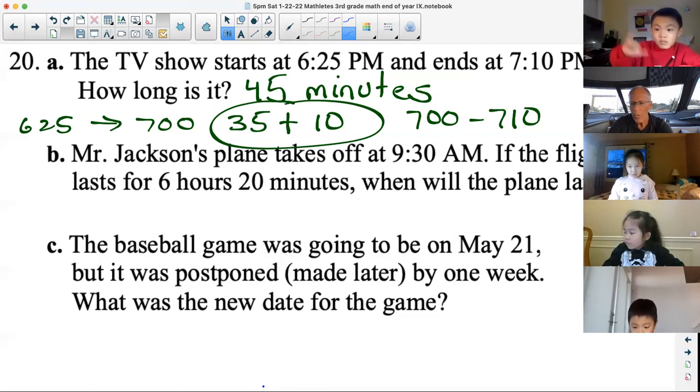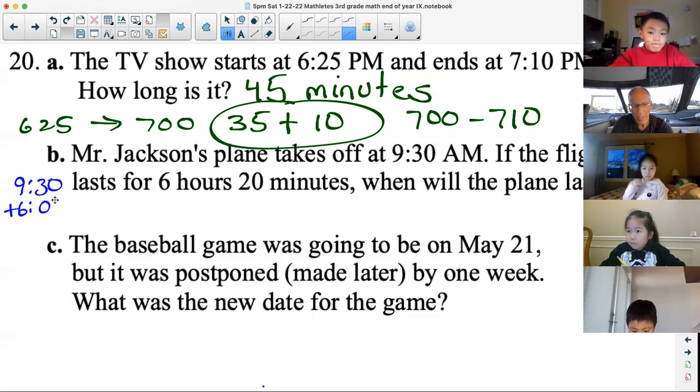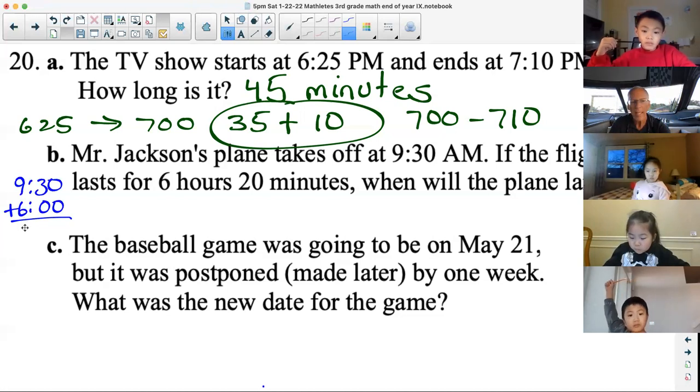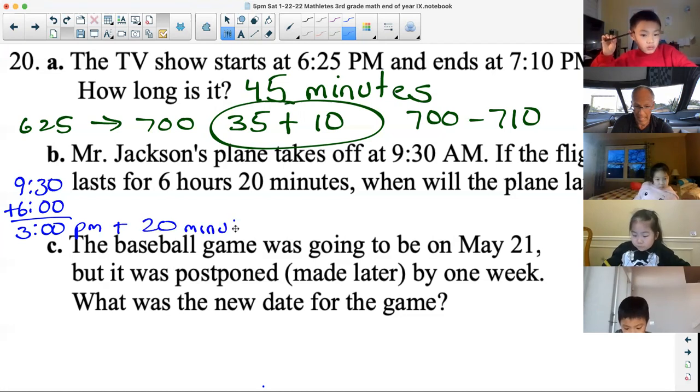3:50 p.m. is correct. Now, everybody else has to look at the screen. Me too. If you take 9:30 and you add 6 hours, just 6 hours, you get 3 hours till 12 o'clock and then 3 o'clock p.m. Then we have to add another 20 minutes, which will, oh, I'm sorry.